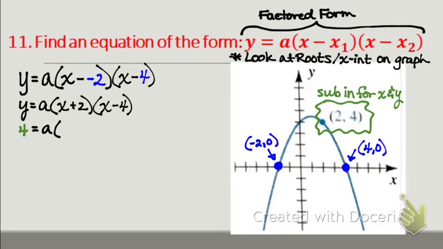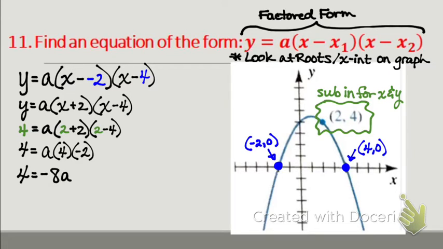And I'm putting 2 in the place of both of the x's. So I have 4 equals A times 4 times -2. What is 4 times -2? -8. So I have 4 equals -8A, which means that A is what? -1/2.